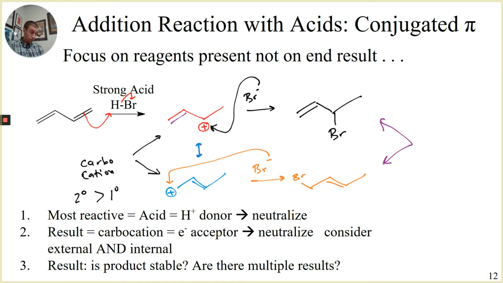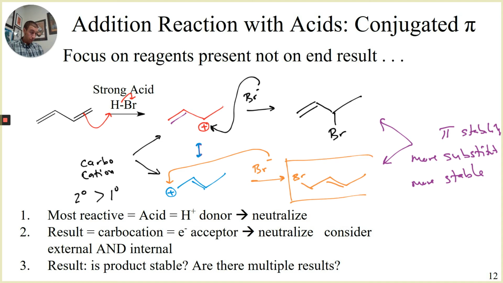Well, the most reactive thing between those two structures is the pi bond. So when I'm looking at pi bond stability, more substituted is more stable, which then means the orange one is more likely to form than the black one. Think back to our carbocations.